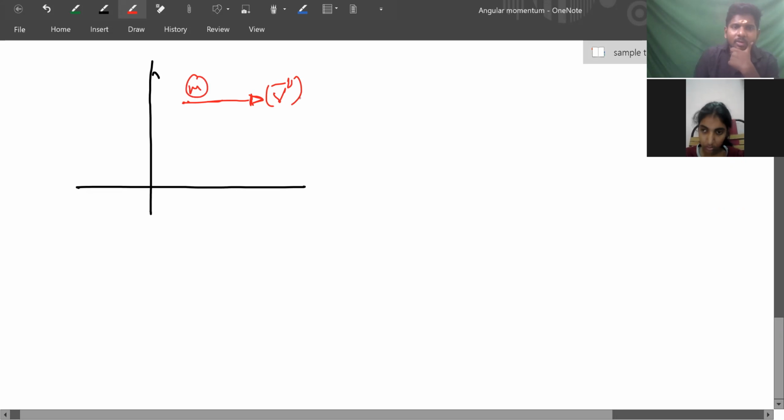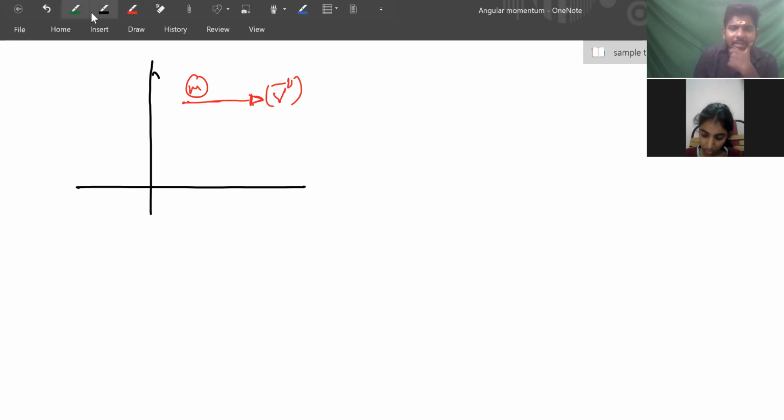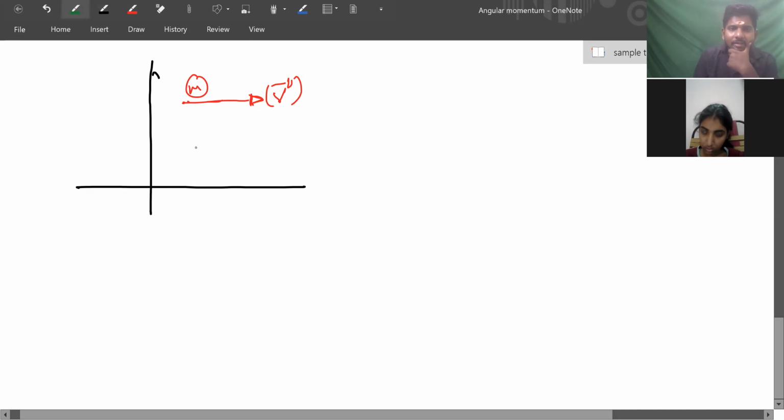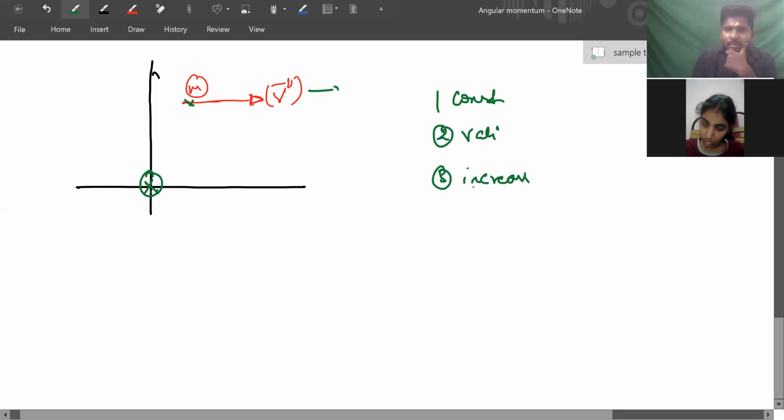Now, what is the angular momentum of this particle about the origin? Will it remain constant, or be variable, increase or decrease with time? One year this question was asked. You can try this question out.